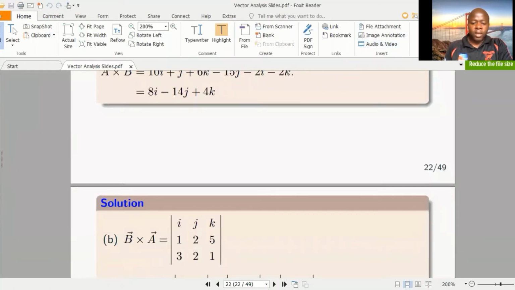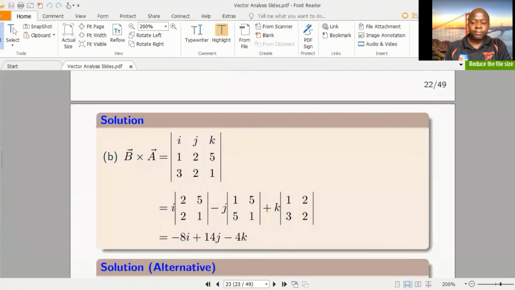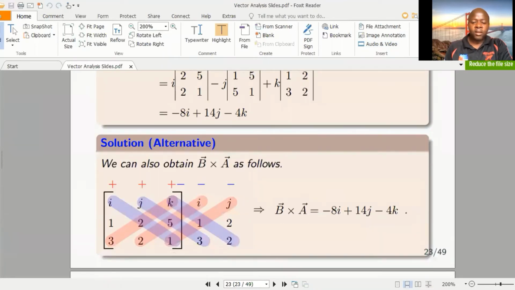So B cross A I already talked of the same, but you could use this method, or you could use the simple method that I've used, or you can just take the result for A cross B and multiply it by a negative, and you get this result.